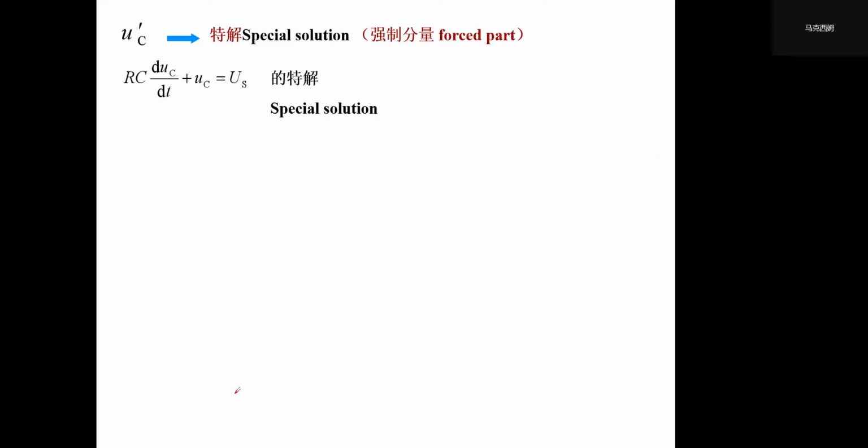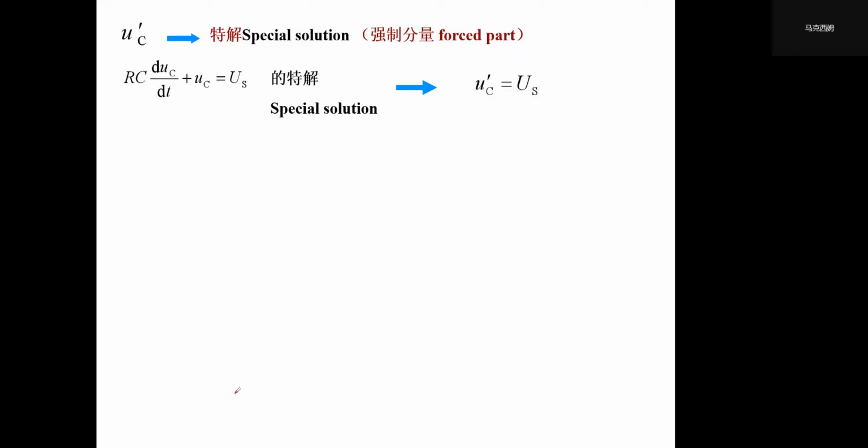The special solution for this first order differential equation is UC' equals US. So this first part is forced by the external power supply we put into the circuit.